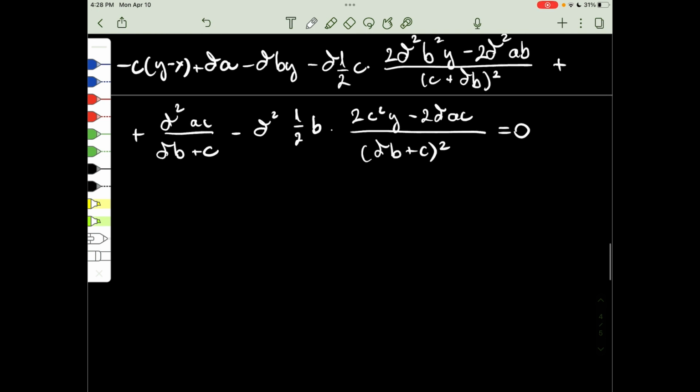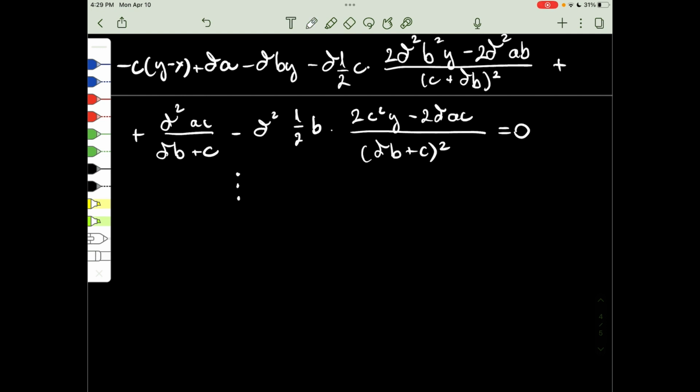I don't want to place all this on you because for me it took some hours to get to the end result, but finally, if you do this, and I think you should, you will get to this policy function.